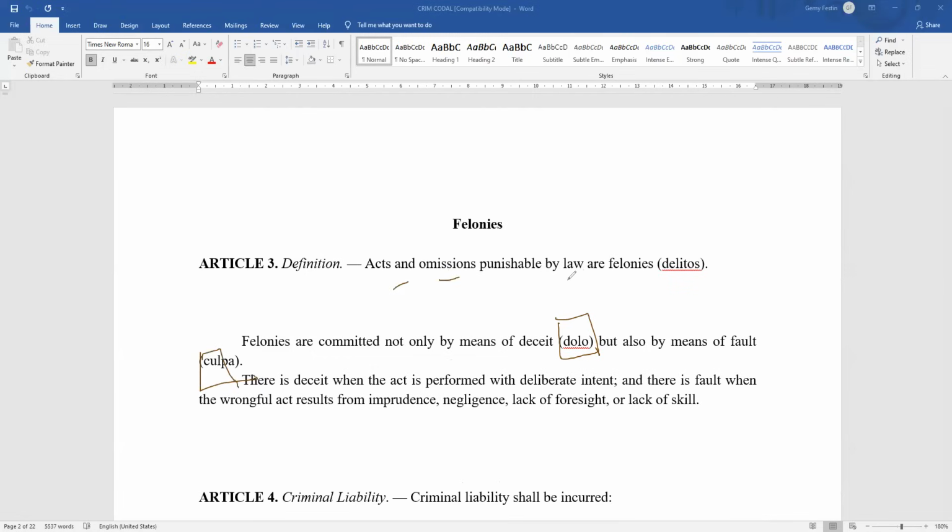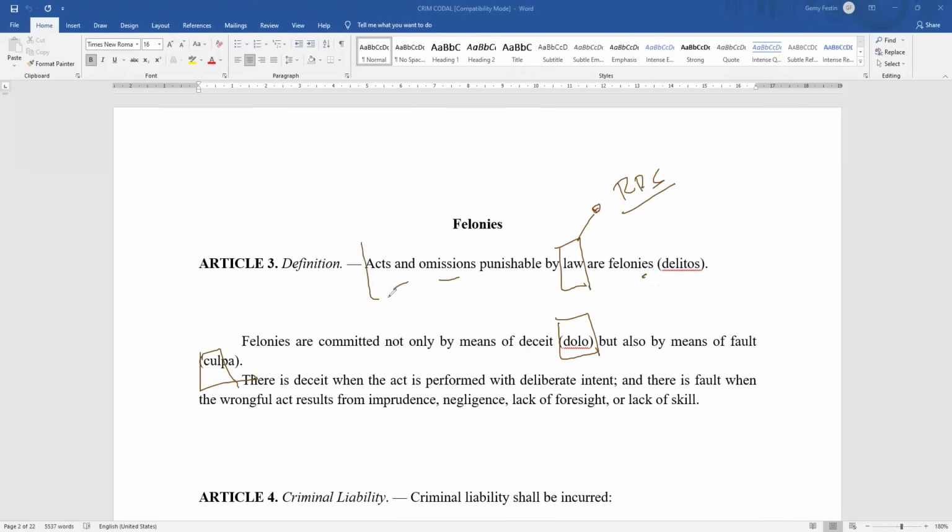Acts and omissions punishable by law are felonies. The law, this is not entirely correct, but you see, the law referred to here is the revised penal code. Acts and omissions punishable by the revised penal code are felonies. So, special law, we don't call it as a felony. Call it as an offense or a crime in general.